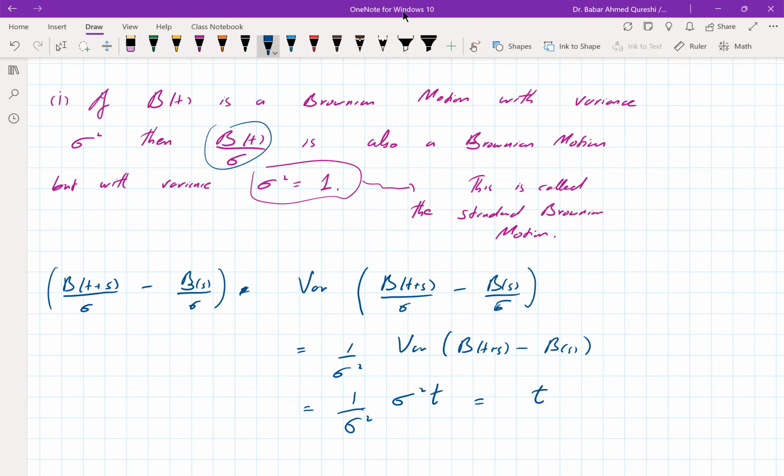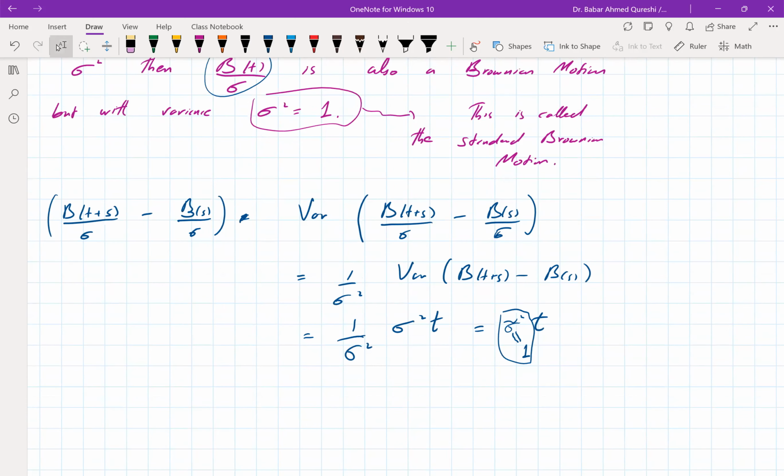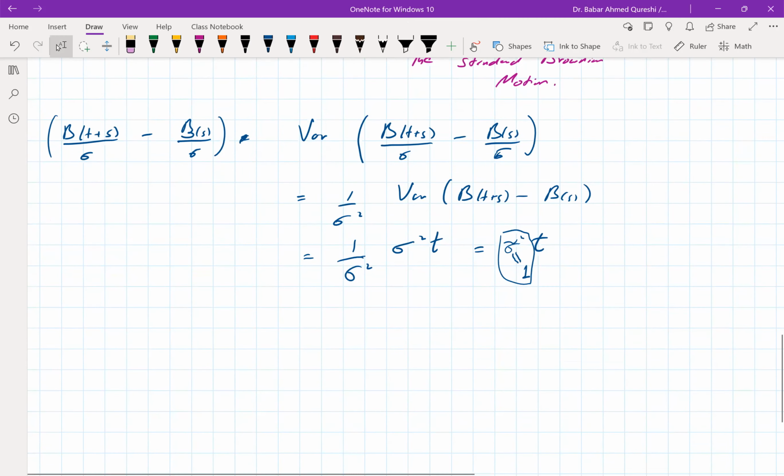So this becomes t. That means the new sigma square here is 1, because the variance of this normal step is just t. So variance of the Brownian motion is 1. That means just by dividing by sigma, I can convert any Brownian motion into a standard Brownian motion. So just considering the standard Brownian motion is enough, and you can scale in and scale back.